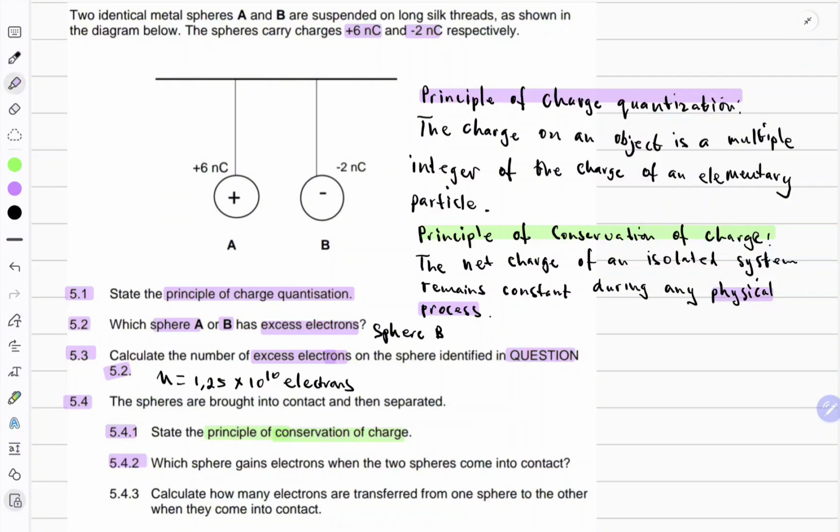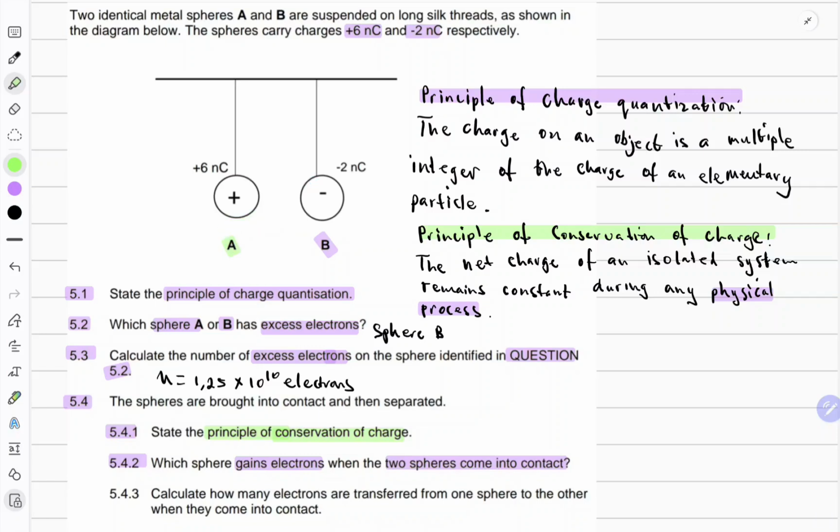So the next question says, which sphere gains electrons when the two spheres come into contact? Now you can see, we saw earlier on that sphere B has an excess of electrons and sphere A has a deficit.